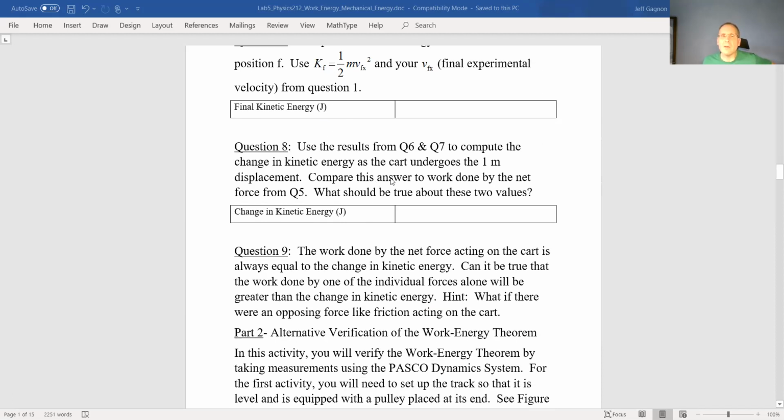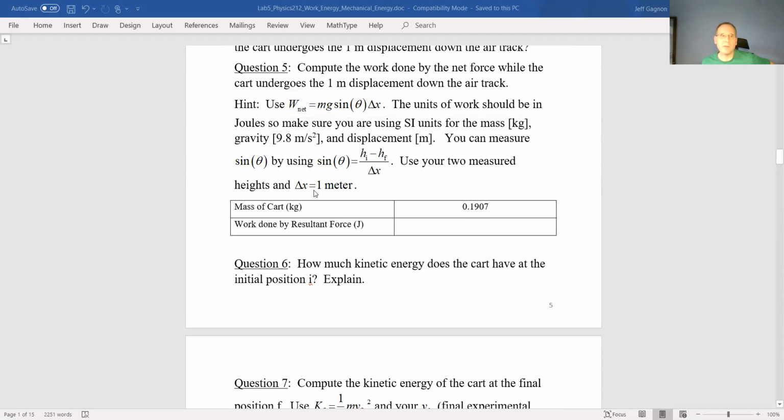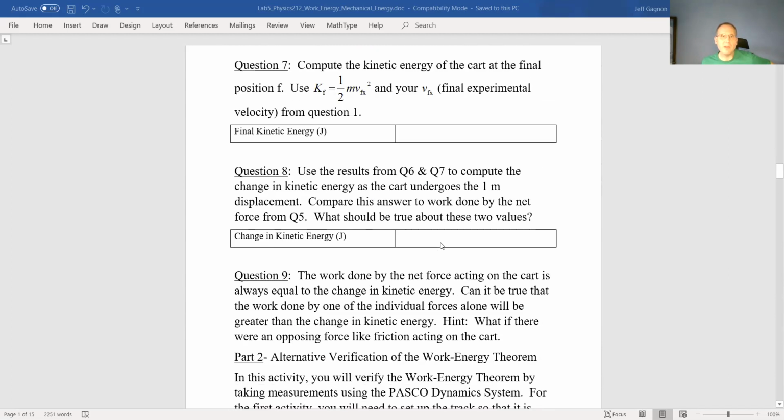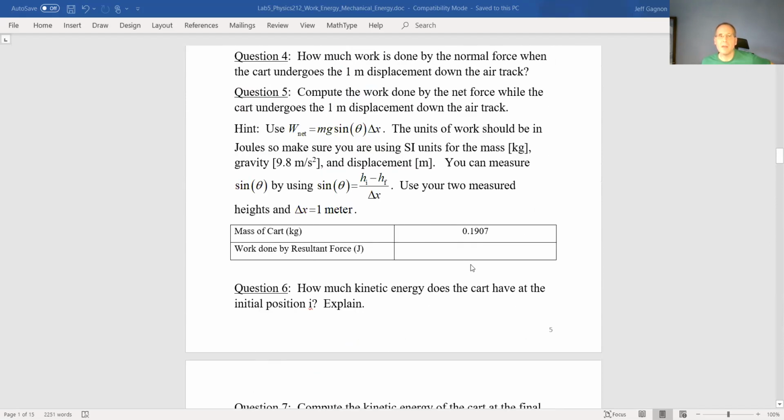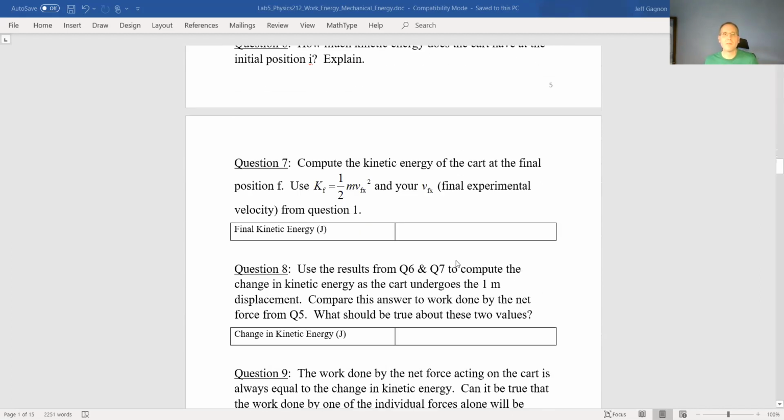Then, after you've done that, write the answer, the change in kinetic energy, and compare this answer to the work done by the net force from question 5. What should be true about those two values, the change in kinetic energy and the net work done?